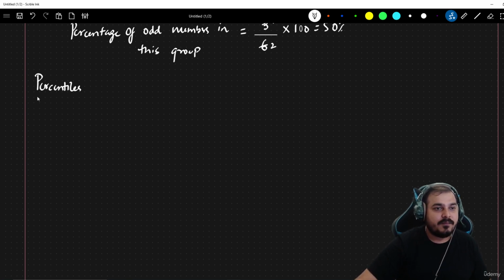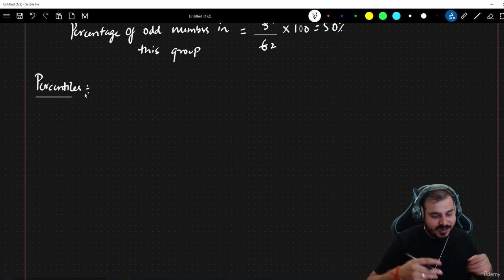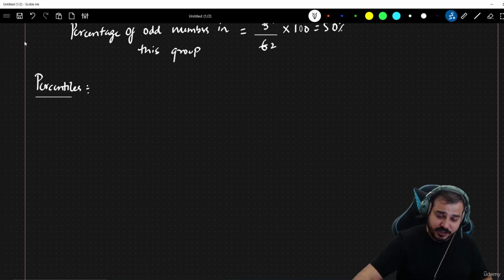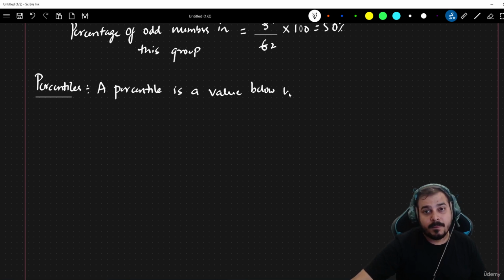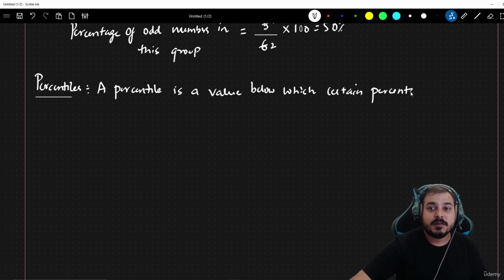Okay. And for that, first of all, we'll try to understand it with a simple definition. So here I'm just going to write a percentile. A percentile is a value below which a certain percentage of observations lie.